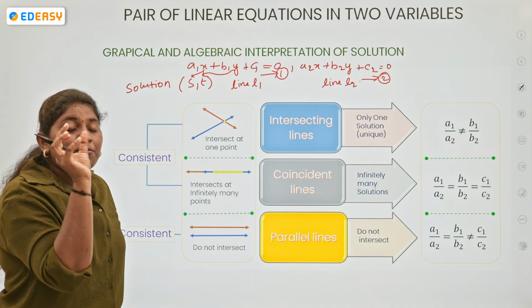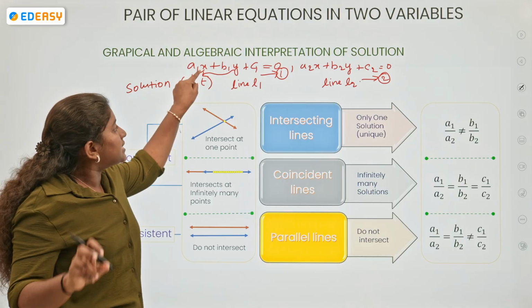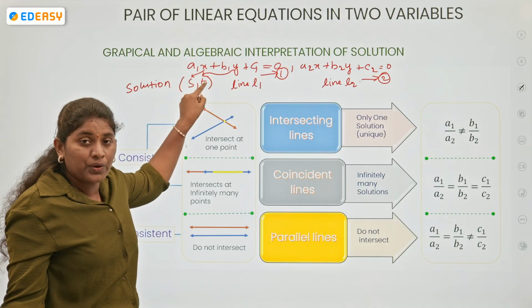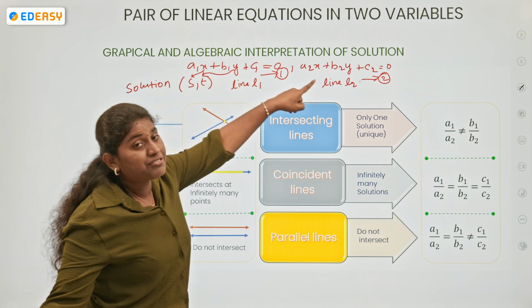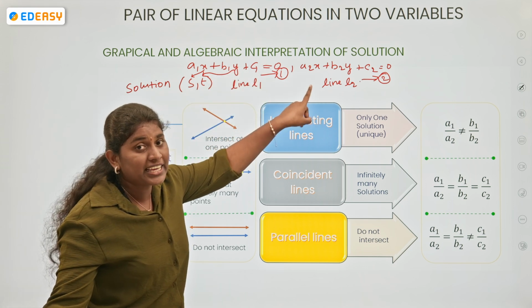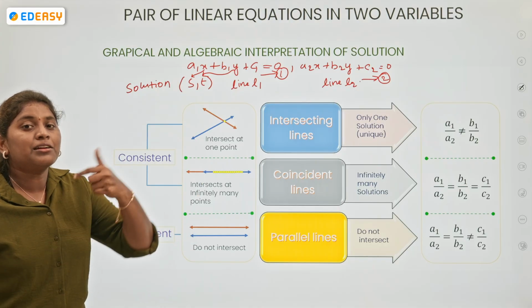After finding the points to represent your first equation, if you plot them on the graph, you will get a straight line. For your second equation also, you will get a straight line. Now, what about the graphical representation?